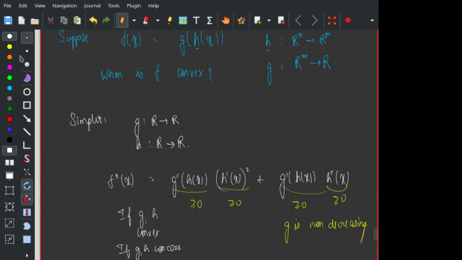If g and h are concave, this quantity is less than or equal to 0. This is greater than or equal to 0. What can you say about these two?